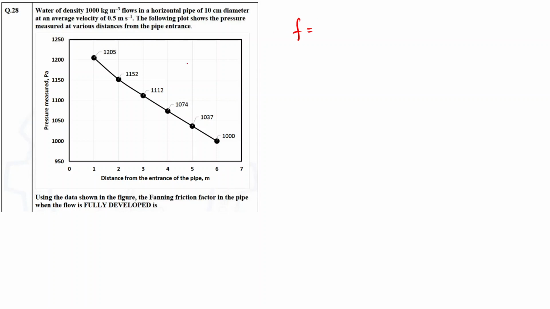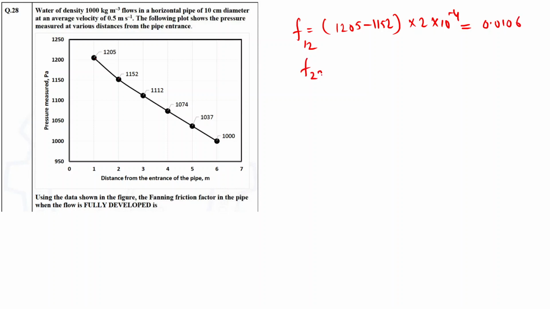So between 1 and 2 we can write F12 is equal to delta P. Delta P will be 1205 minus 1152, into 2 into 10 raised to minus 4. So this will be 53 into 2 into 10 raised to minus 4, that is 0.0106.